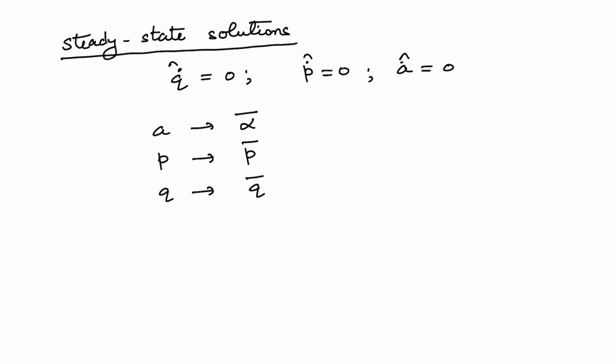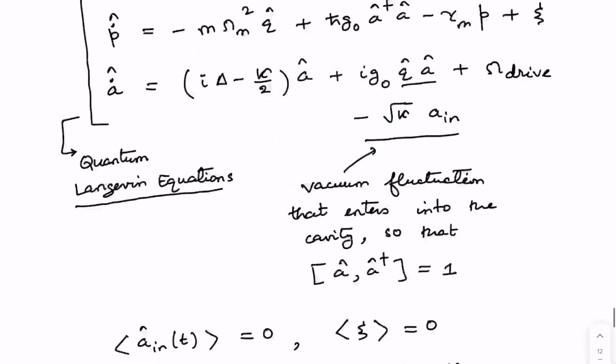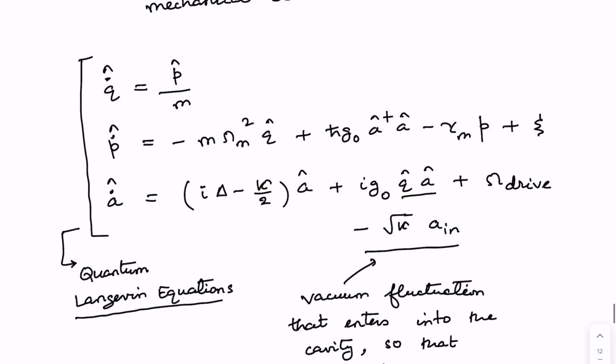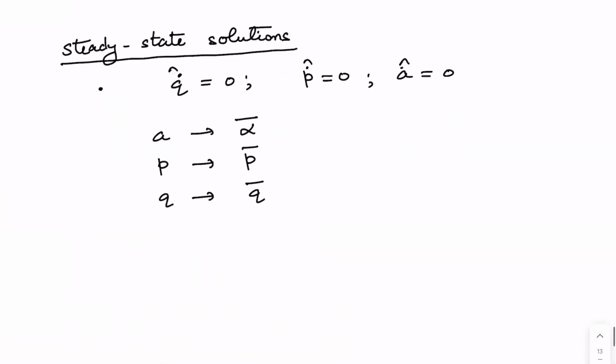If I put this steady state condition in the quantum Langevin equation, for example in this equation itself, and make the left hand side equal to 0, then p bar is going to be equal to 0. Similarly you will get the other solutions.